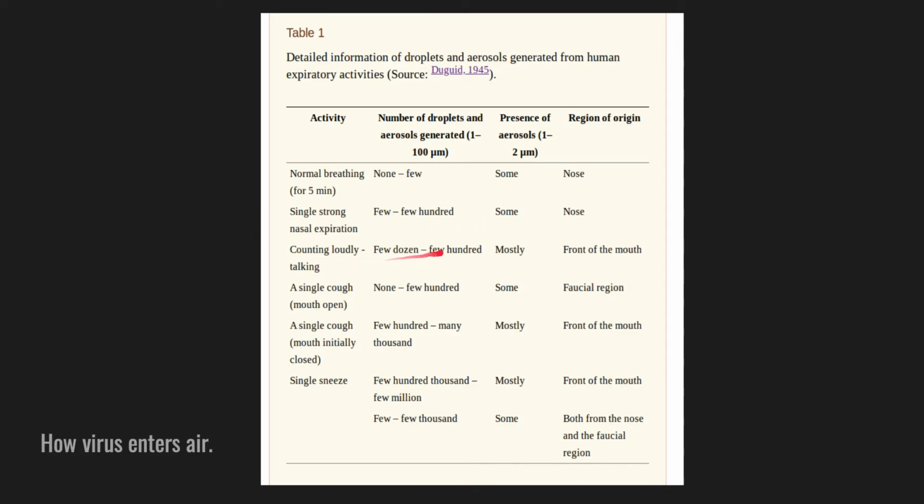Counting loudly or talking loudly can also create hundreds in the air. A single cough with your mouth open can have a few hundred, but boy, you get one of those heavy coughs where your mouth is initially closed, a few hundred to many thousand viral droplets.